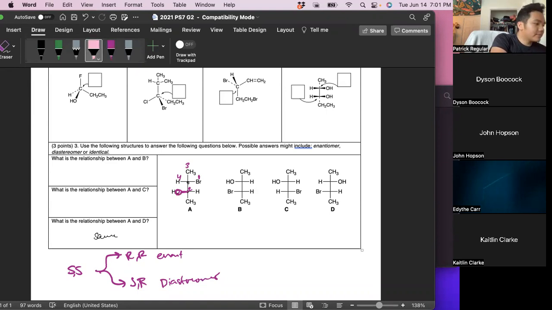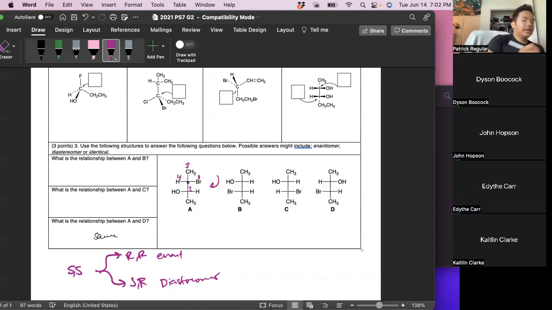So this right now would be the 4 being pointed towards us, or the hydrogen pointing towards us. So the 4 is toward us. All right. Again, let's do it normally.